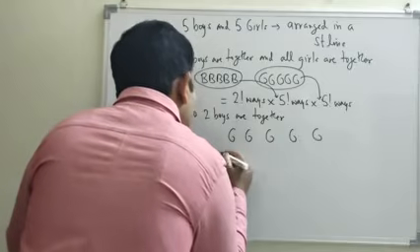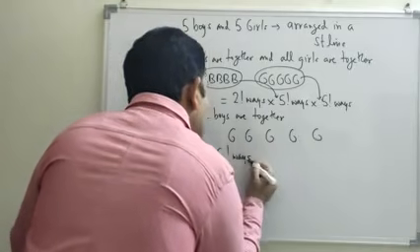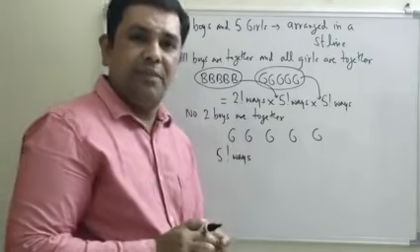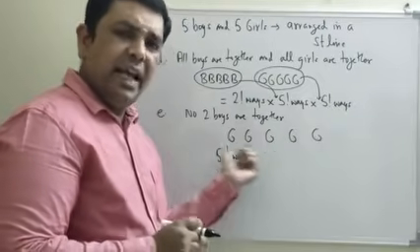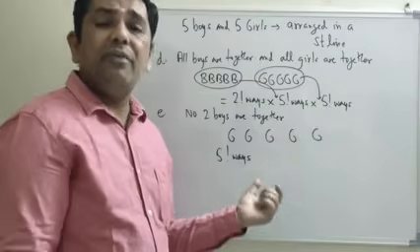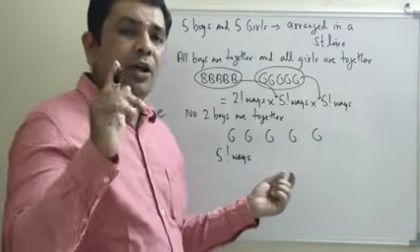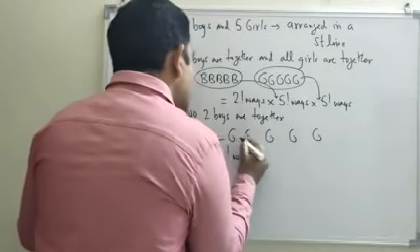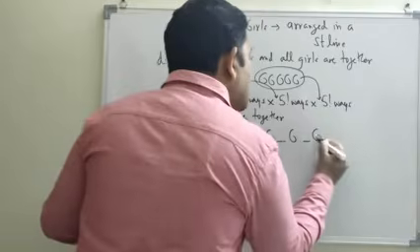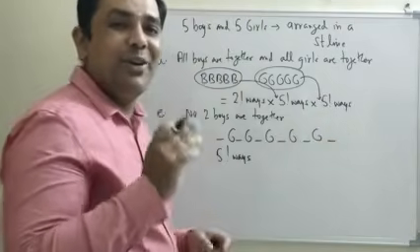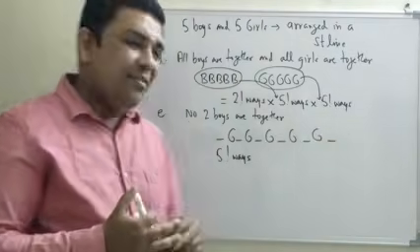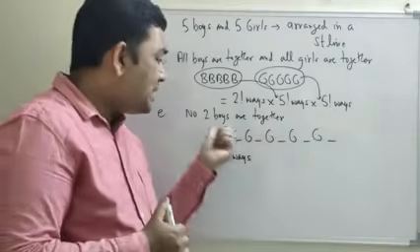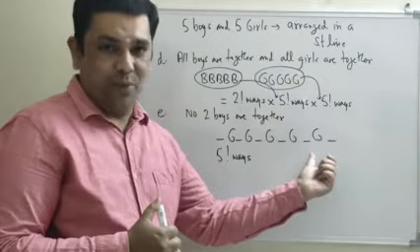Now when we arrange the 5 girls, they can be arranged in 5 factorial ways. So 5 girls in a straight line, 5 factorial ways, fairly simple. Now what happens? When these 5 girls are arranged, there are 6 places created for the boys.